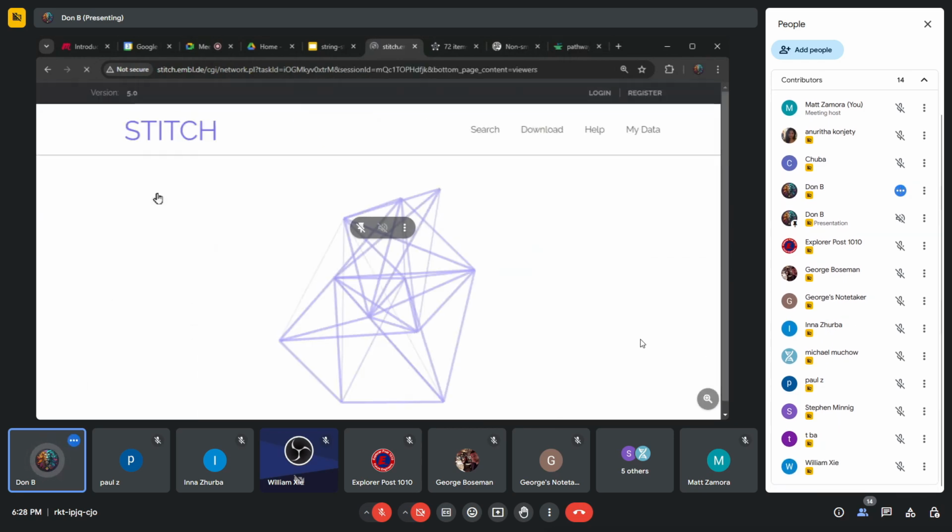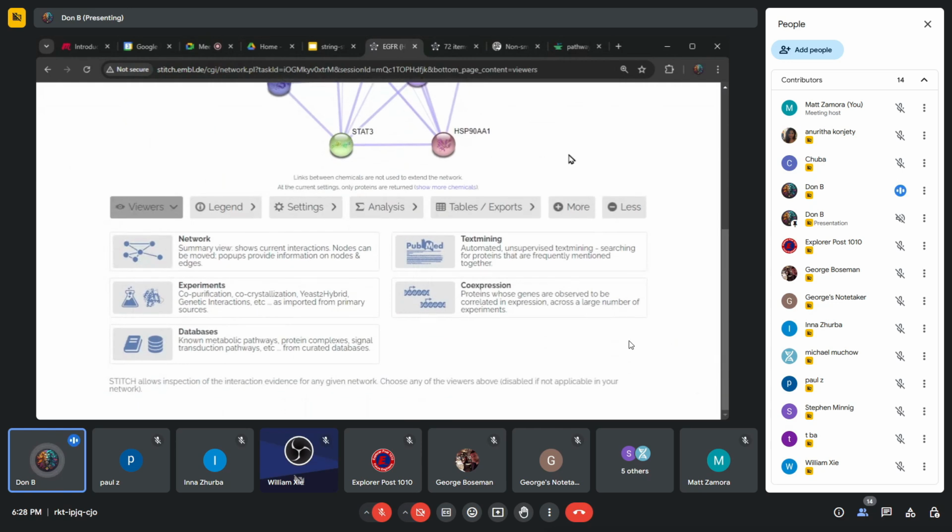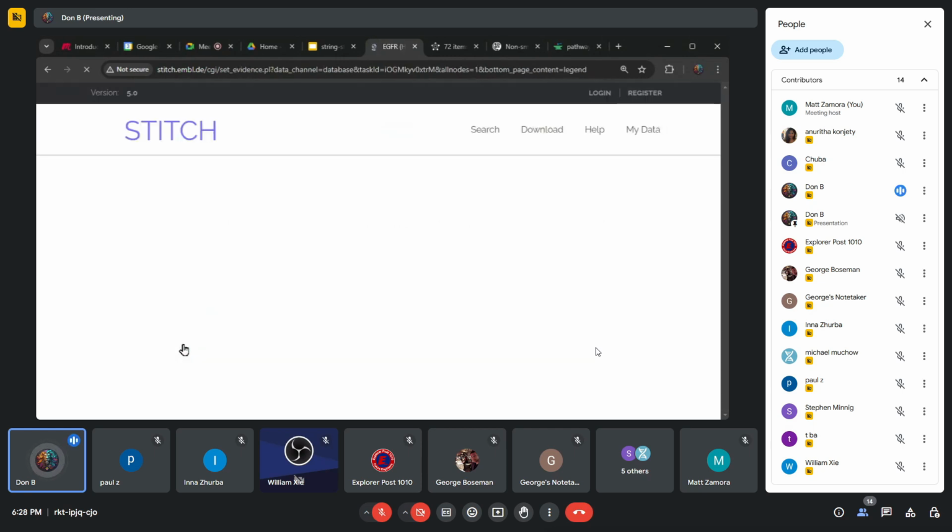The other quick aspect I wanted to show is that it's not as fully featured in terms of the nature of the enrichment it provides, but it does provide the ability to bring in the database knowledge that correlates to it. And I think we're having a similar performance issue.